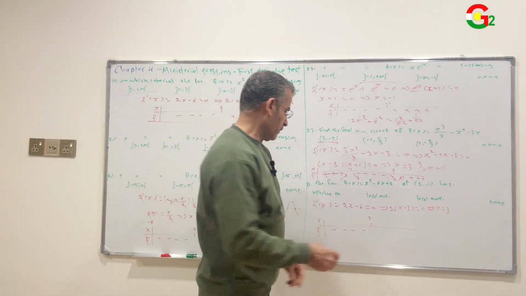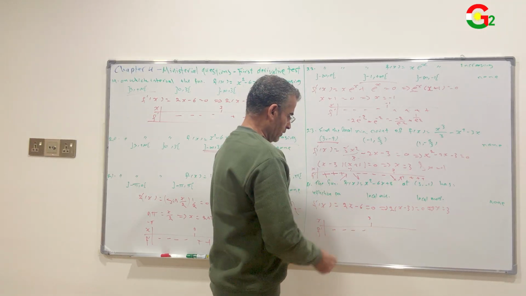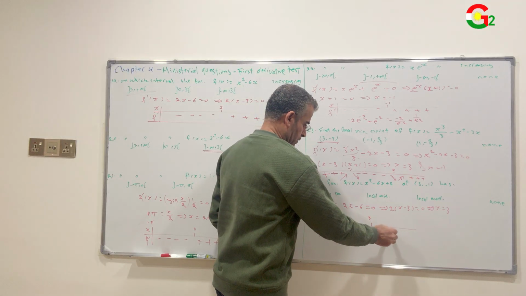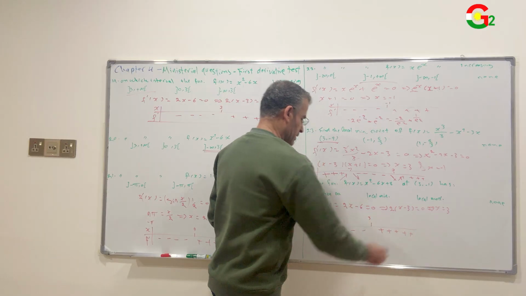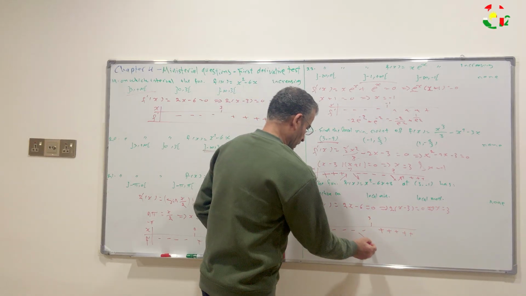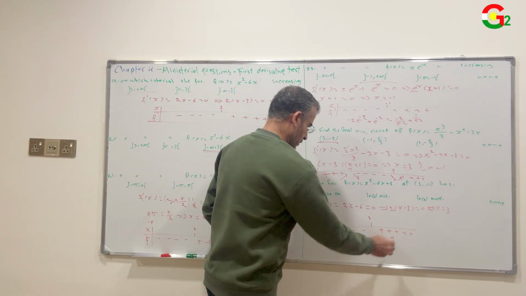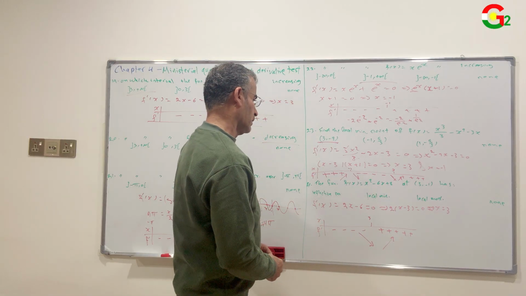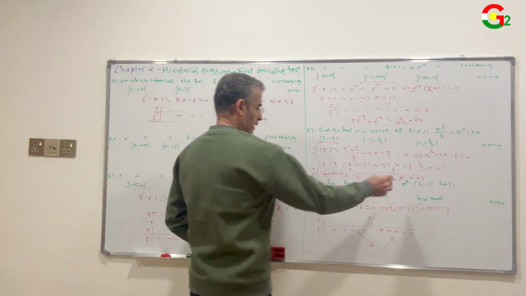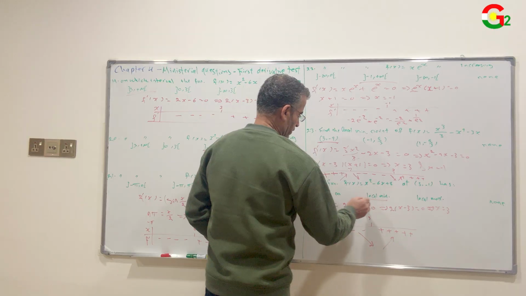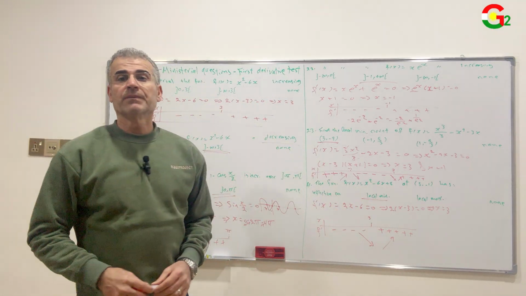After 3, take 4, 2 times 4, 8 minus 6, 2, the value is positive. Therefore, the function has a local minimum point at x equals 3, -1. The right choice is B.